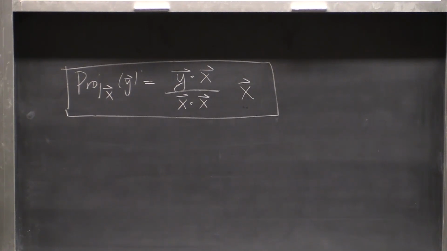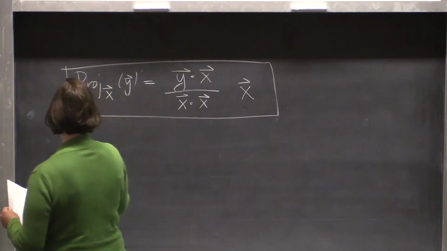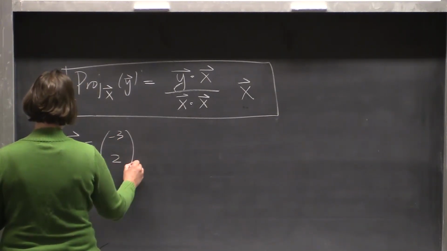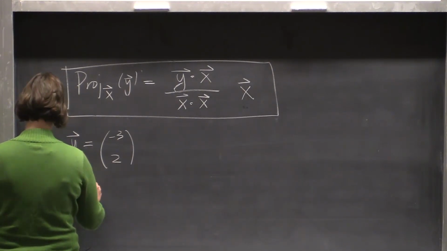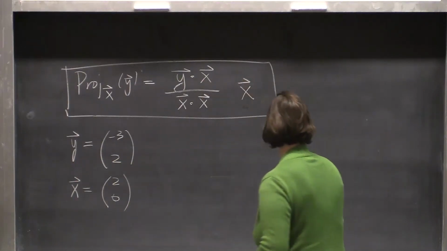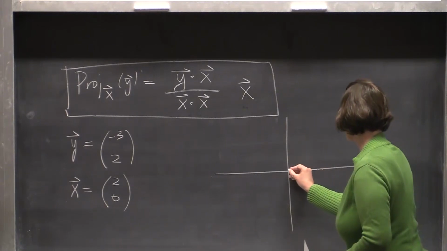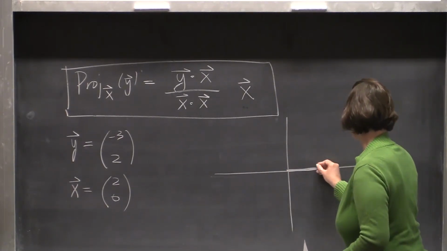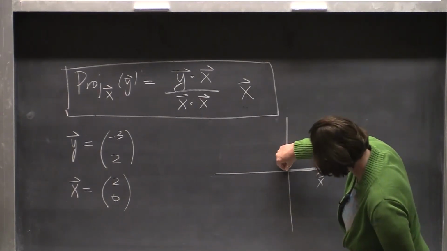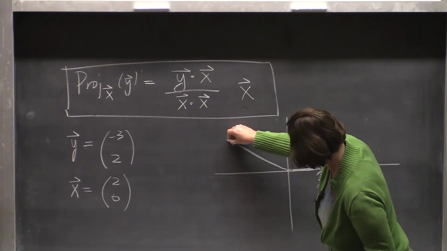As a reality test, we should do something like y is the vector -3, 2, and x is the vector 2, 0. So here is the vector x, and here is the vector y.